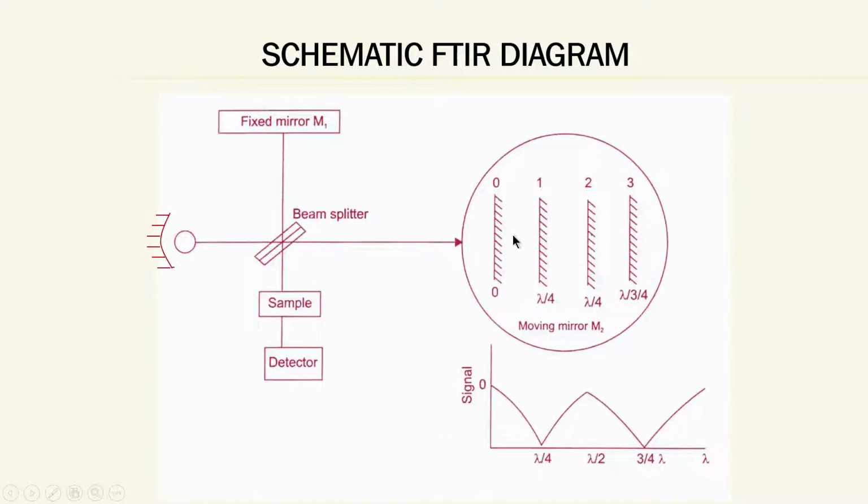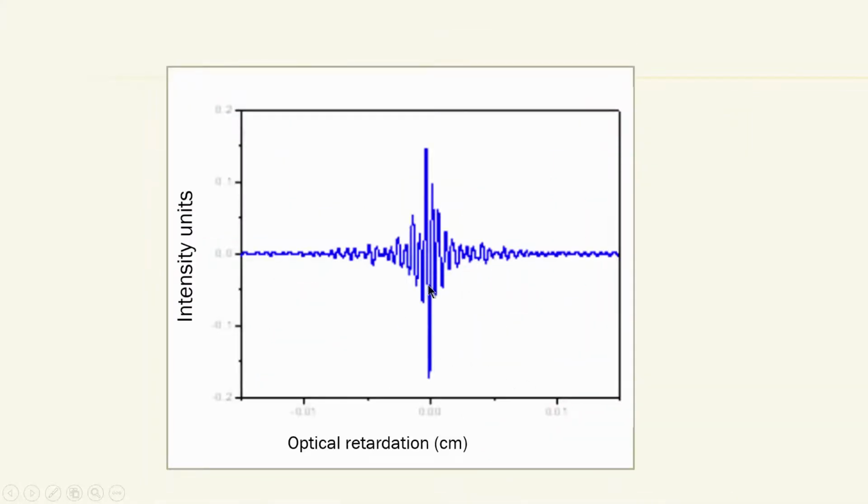Now I had told you that the moving mirror keeps on repeating the movement, which will represent a lambda by 4 for each wavelength, which will give you a cosine signal. And when all the signals are sampled simultaneously, I get a figure like this.